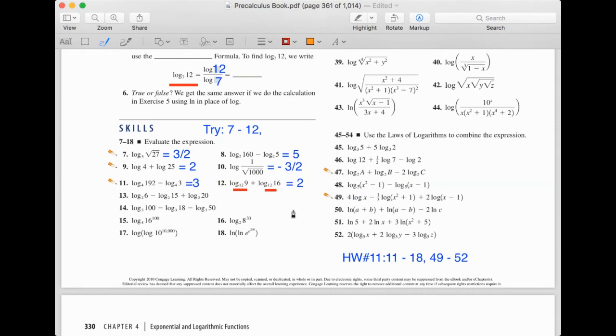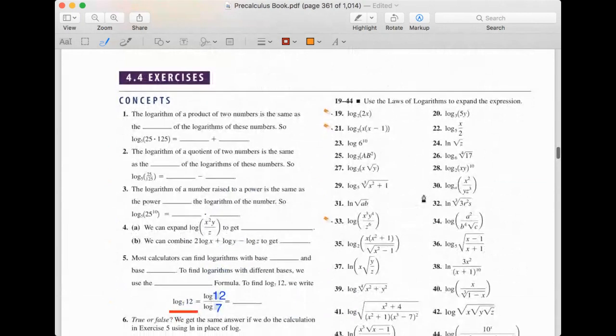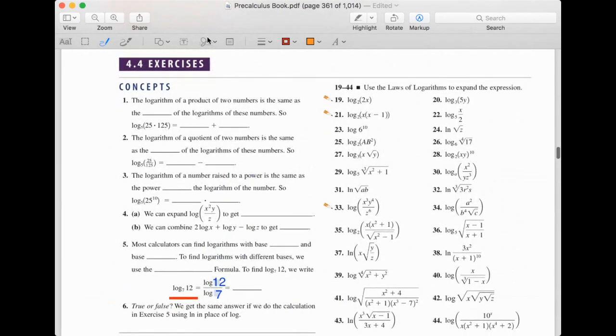Okay, anyone has any question? Good. We're doing good here. Okay, now let's try another bunch. Let's try not finding values, but let's try 21. So this is the use of the laws of logs to expand the expression. Product we want to split into addition.